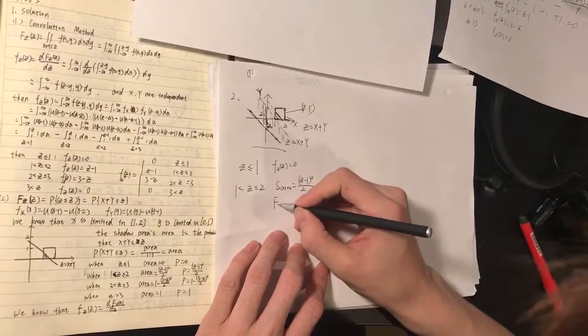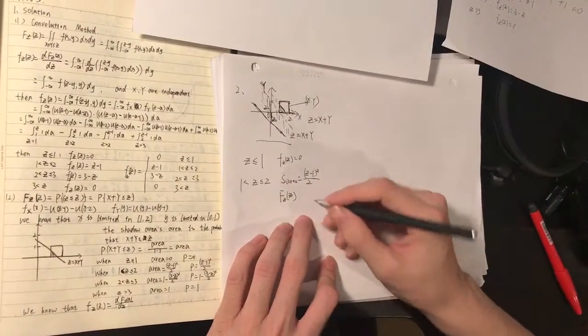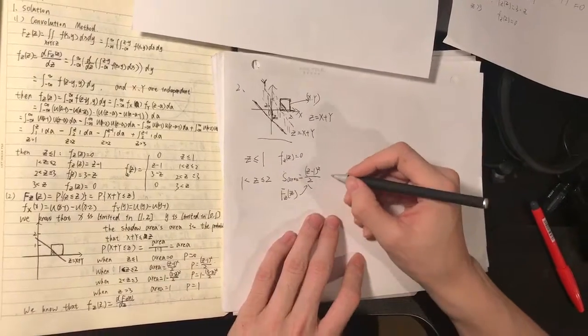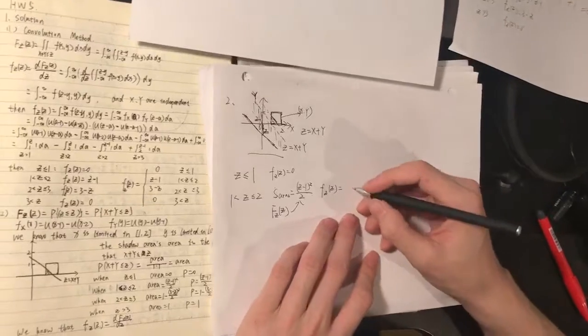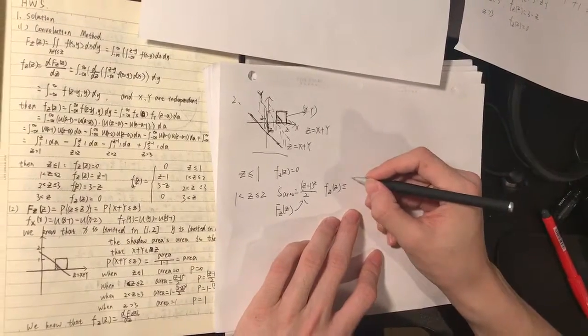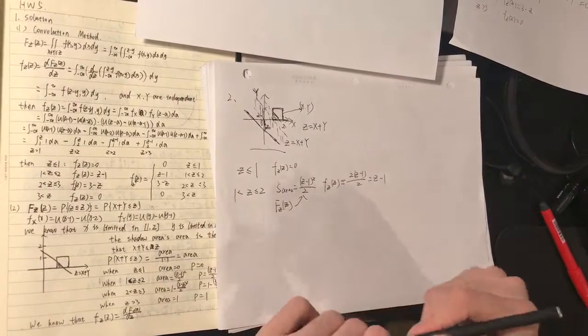This area is equal to the distribution function of z, so we need to get the density function of z. It should be z minus 1.